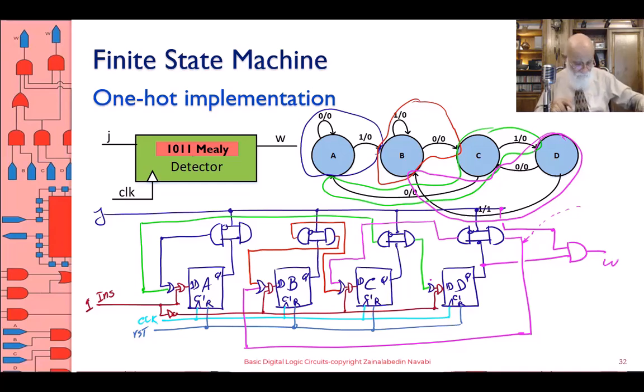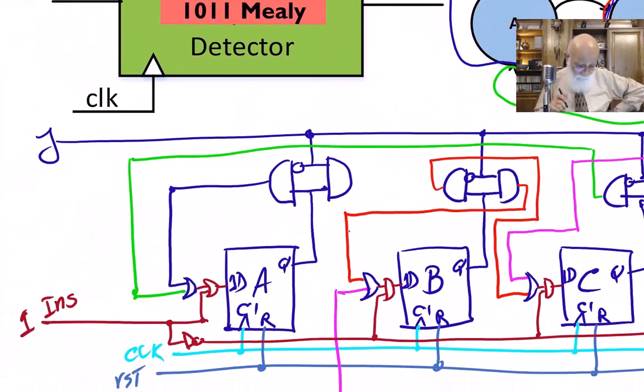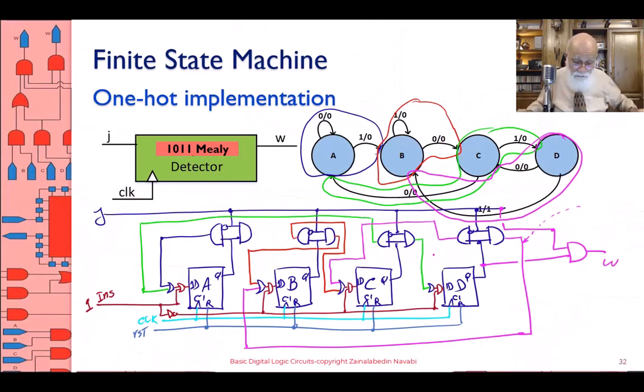All right, let's look at flip-flop A. And I'm already seeing that I'm missing something. A with 1 has to go to B, which I have missed.